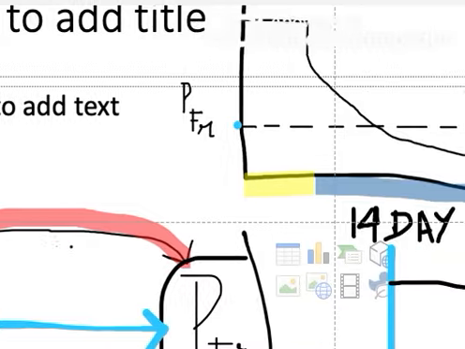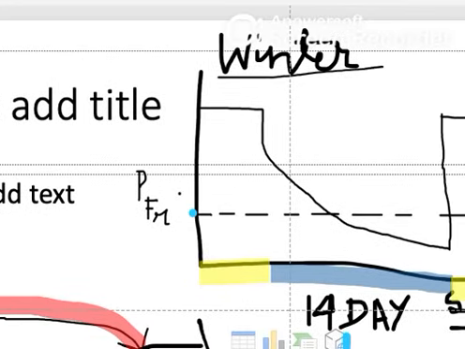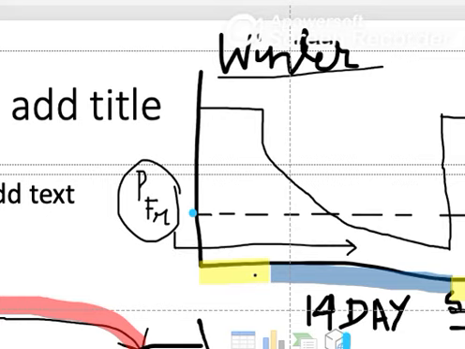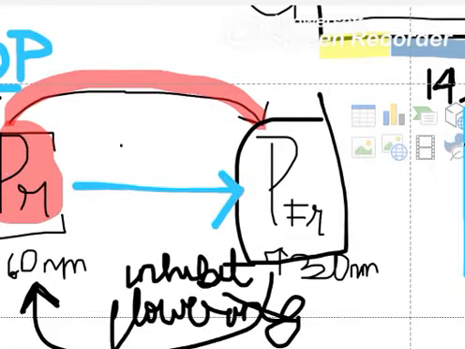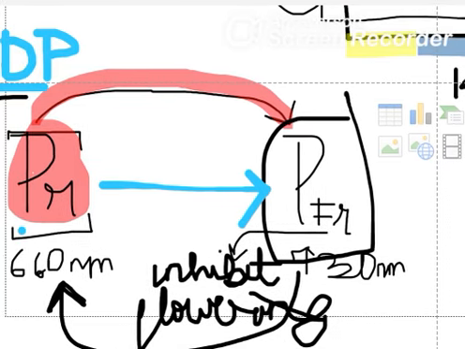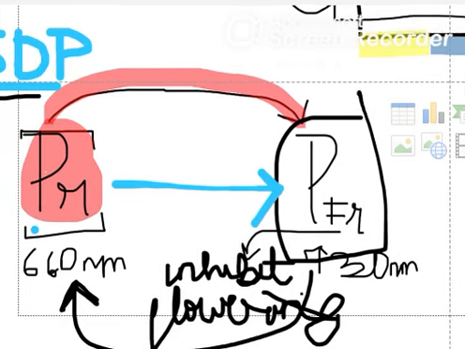Okay, let me repeat that line again. There is less amount of PFR now in winter because of the shorter day length and the longer night to induce flowering in short day plants, because PFR is very bad for short day plants. It will inhibit flowering.